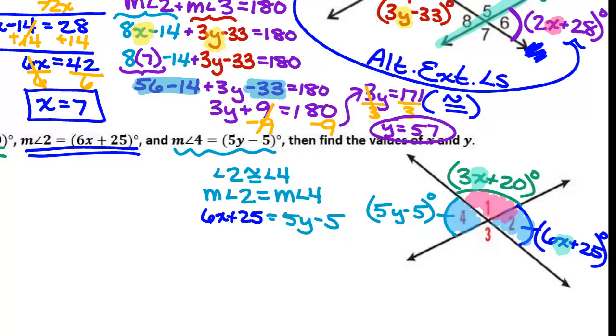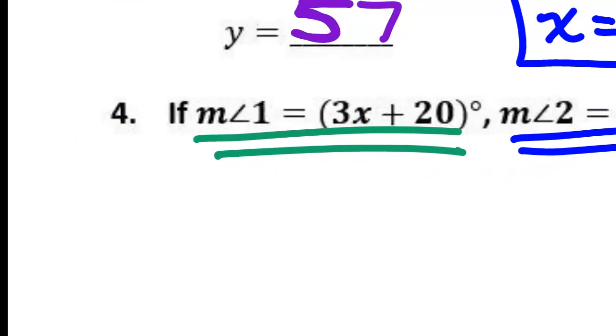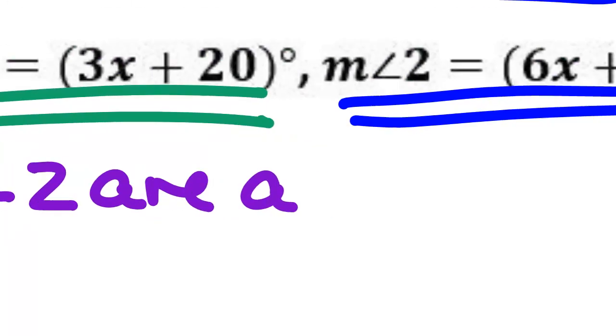They are a linear pair. They are side by side. They're formed by the same two intersecting lines. And what do we know about linear pair angles? They add up to 180. Angle 1 and angle 2 are a linear pair.